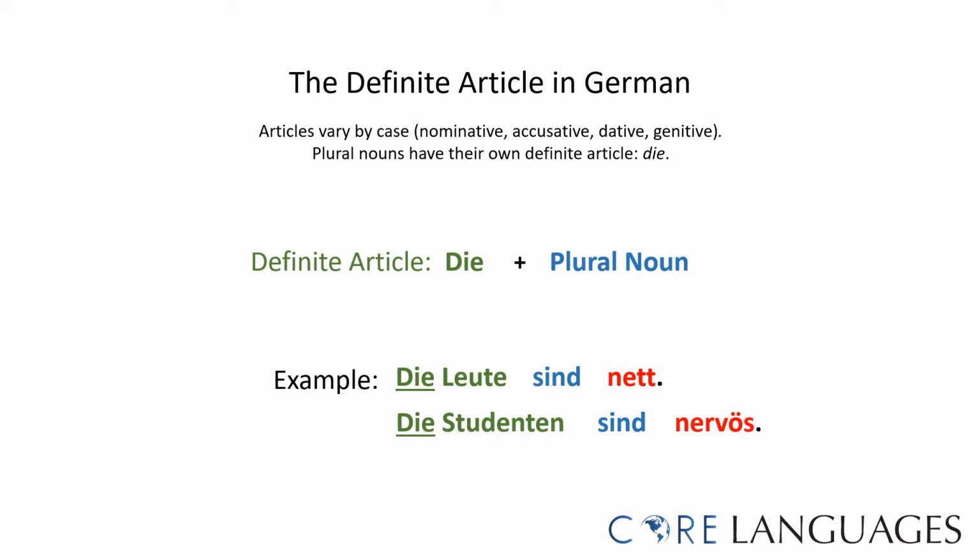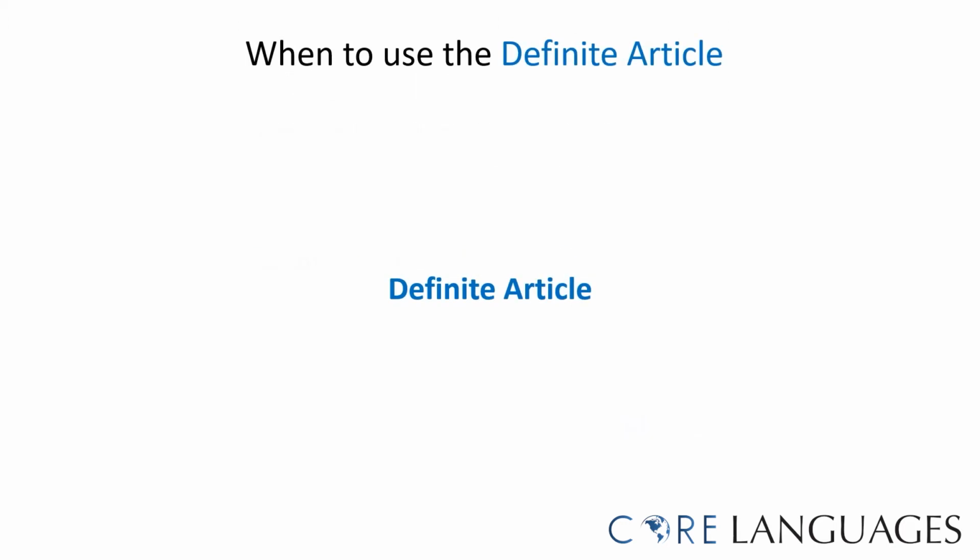Or die Studentin, the female student, which is a feminine noun. But students is a plural noun, so by default it uses the definite article die. Die Studenten sind nervös.